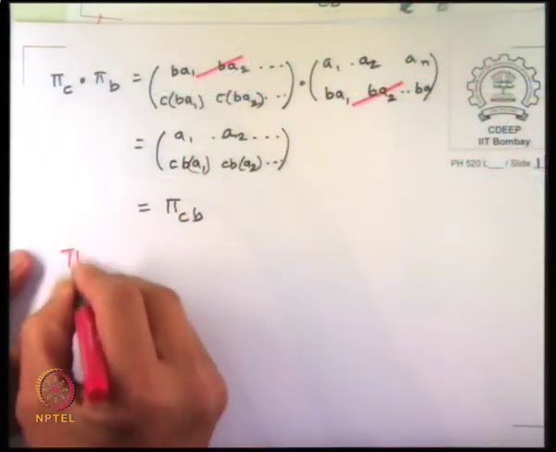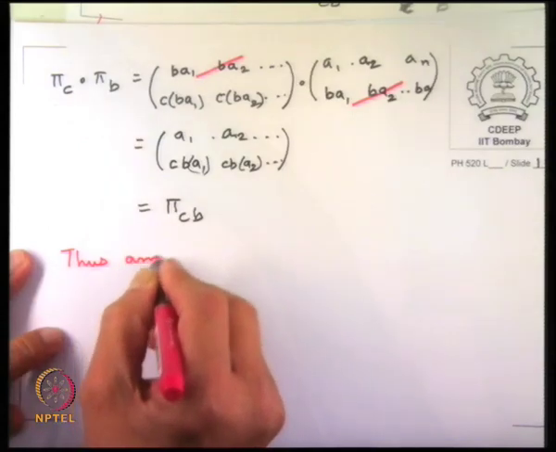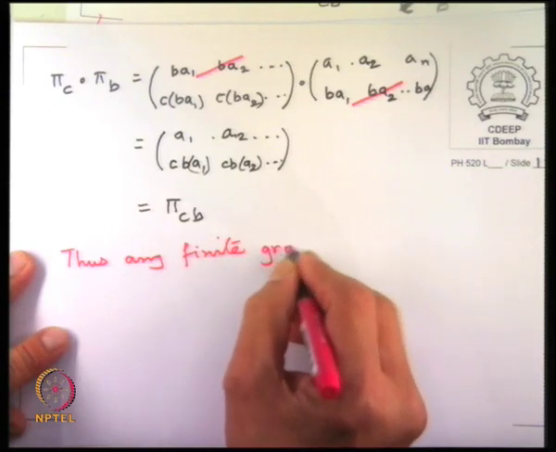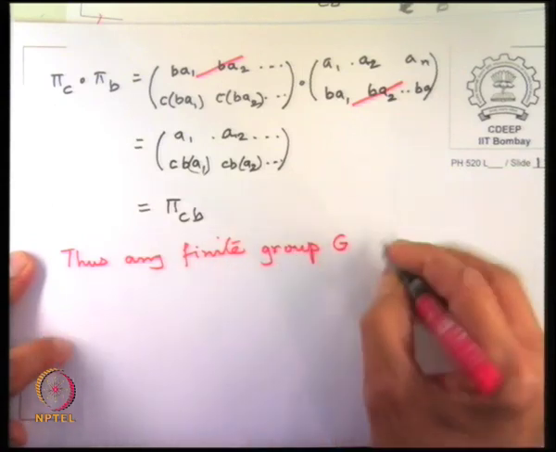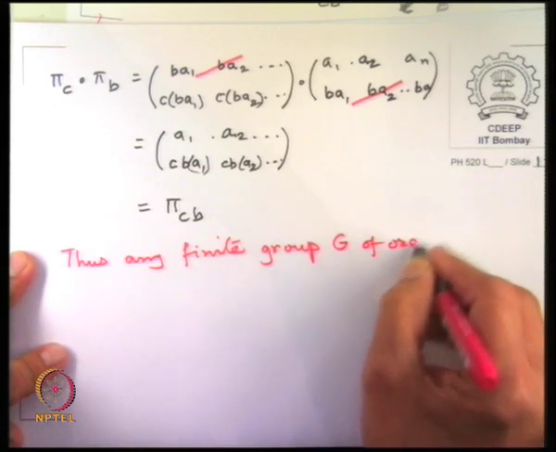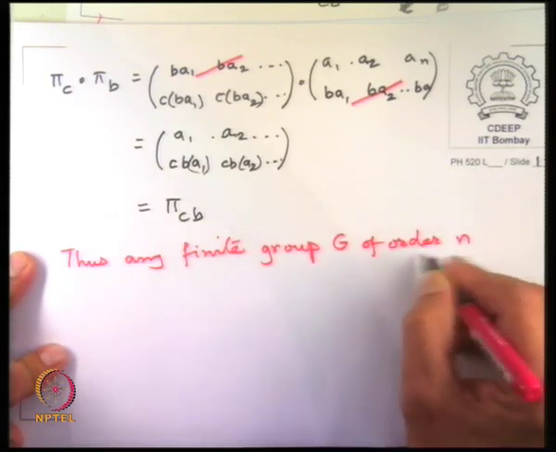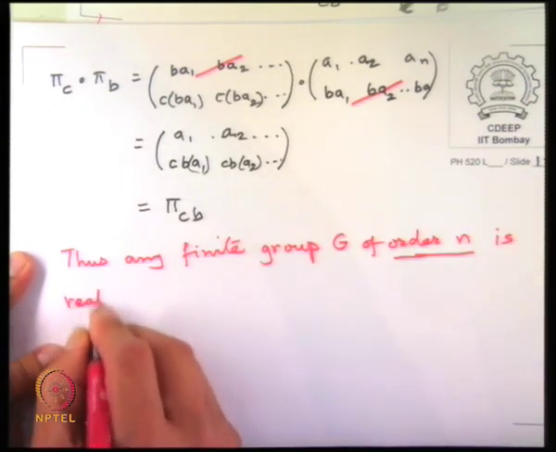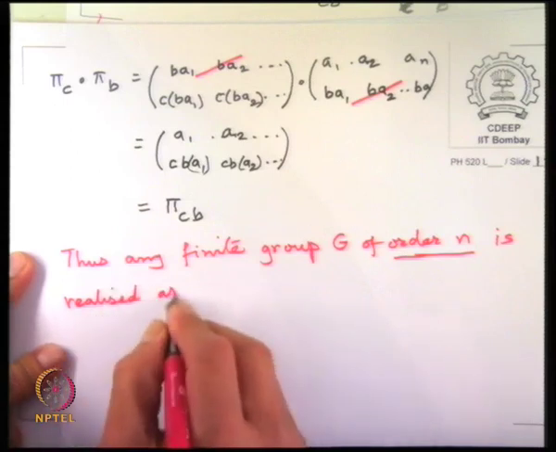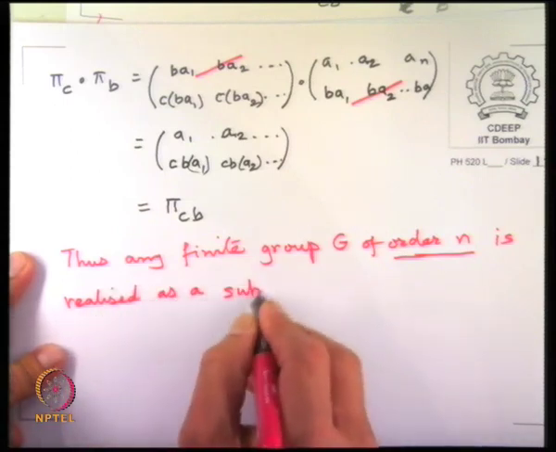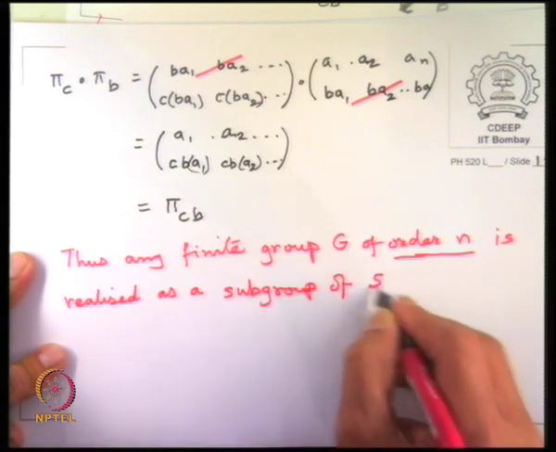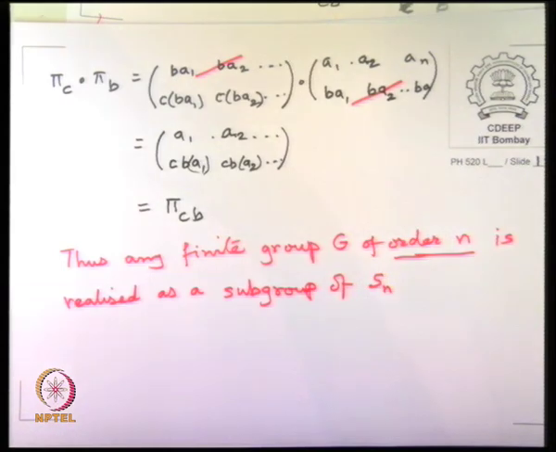So thus any group G of order n, this is very crucial, of order n is realized as a subgroup of Sn, the permutation group Sn, which is a huge group.